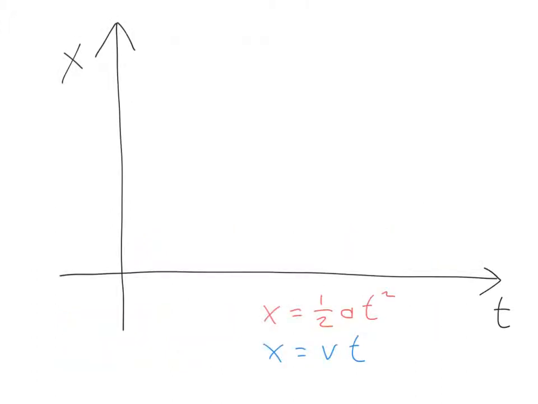If we were to consider just the blue car, the one with constant speed, we see that for every second of time that goes by, there's going to be a set amount that the position is going to increase. We can see basically that x is a function of t, and it's going to be linear. So it should just be some sort of straight line.